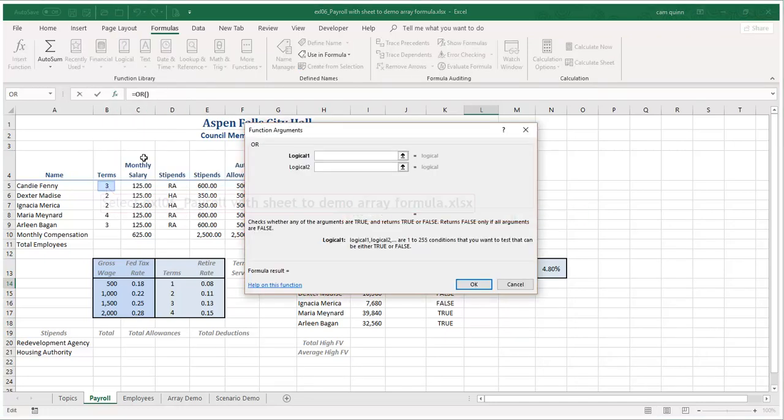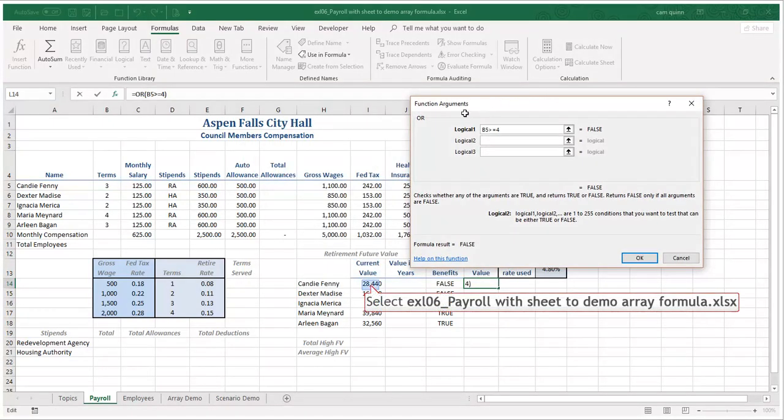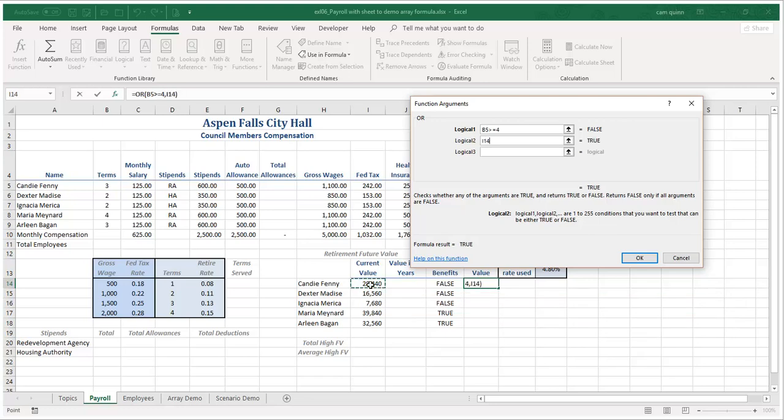For Candy Fairy, we're going to say term is greater than or equal to 4, or the current value of their pension is greater than 30,000. Because both of those are false, it returns false.